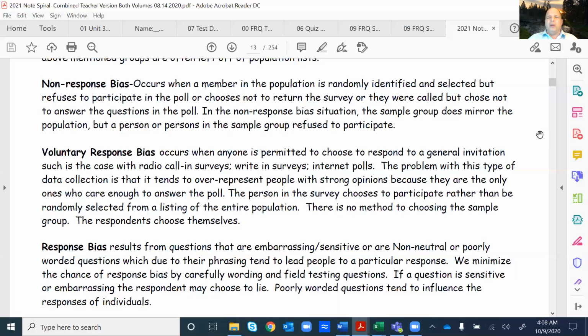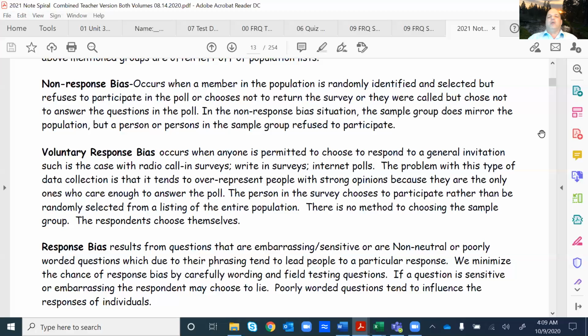Nowadays, we hang up on them, all right, and we usually say something bad or wish ill of them, or have an eternal destination for them that's extraordinarily hot. But us choosing not to respond to them is non-response bias. I was contacted, they randomly contacted me, but I chose not to respond.